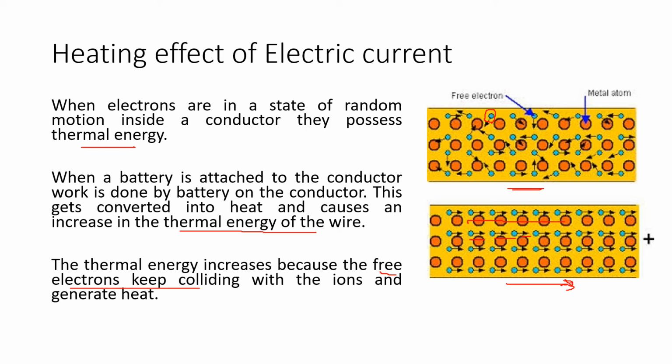The wire becomes hot, and this is used in the equipments or the machines which are designed to generate heat, like the electric iron, the electric heater. Yes, we have a wire which becomes hot on passing electric current.